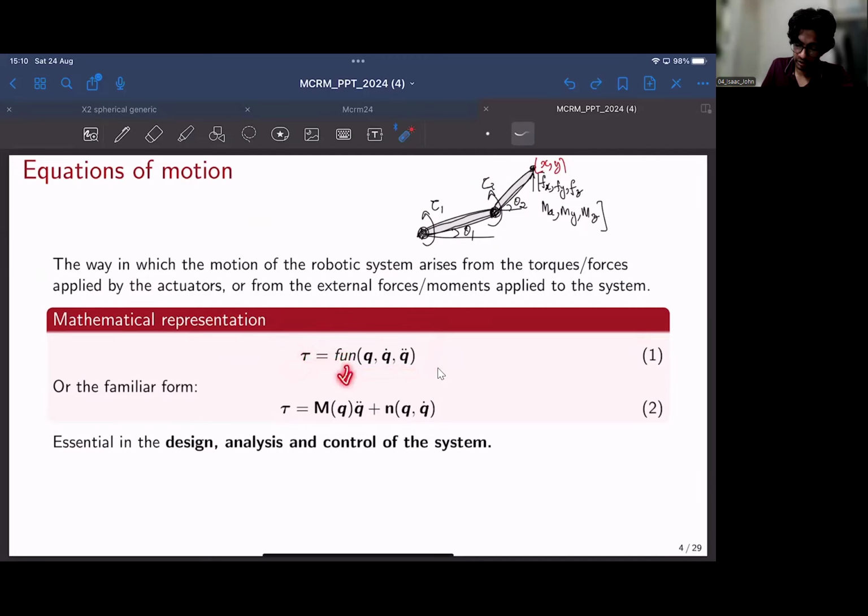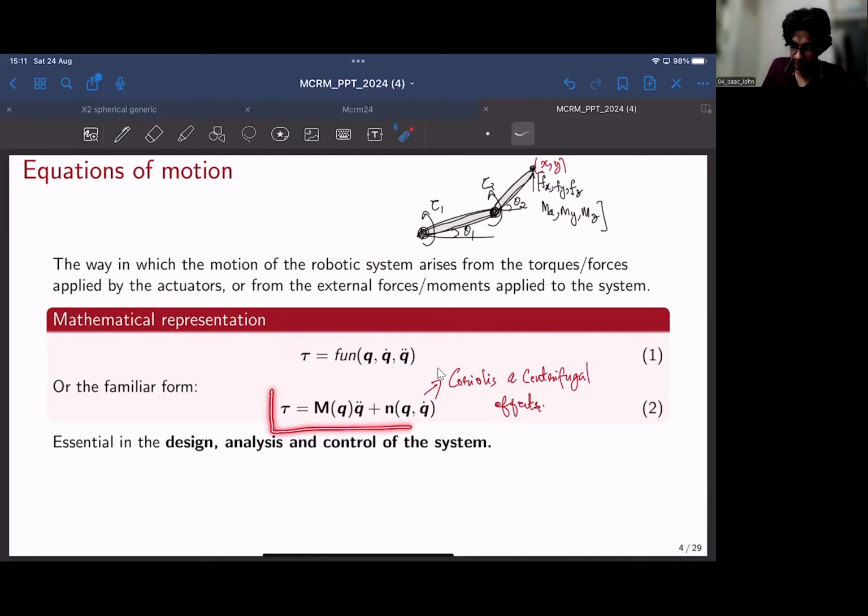Or you could reduce this to a familiar form, which is nothing but the net torque or the net forces acting on all of these joints: mass matrix multiplied by acceleration plus a nonlinear vector. We call this a vector of Coriolis and centrifugal effects.